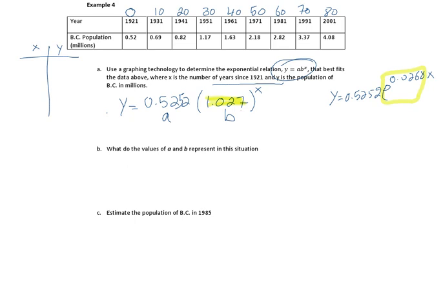I know A is 0.5252, and I know it's the y-intercept, but what does the vertical intercept represent? Initial value. Initial population. Thank you. Millions.